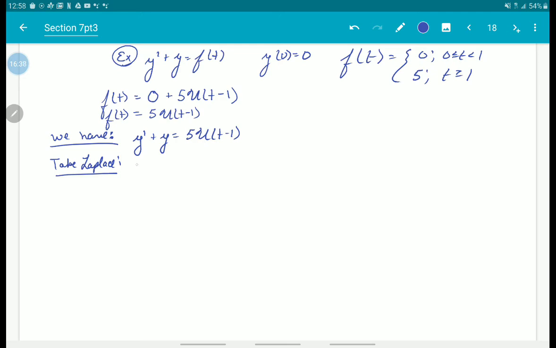So if we take the Laplace of y prime, it's going to be sY(s) minus y(0). The Laplace of y is just Y(s). And then the Laplace of this guy is 5 times the Laplace of the unit step, t minus 1.